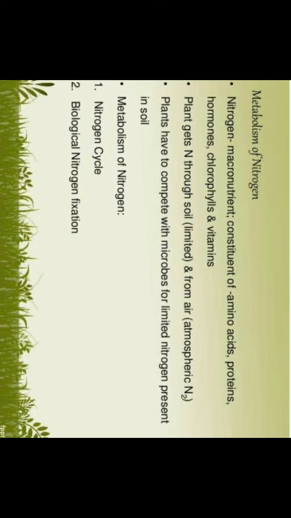Nitrogen is required by all plants, and particularly the meristematic tissue of the plant and metabolically active cells. Nitrogen is one of the major constituents of proteins, nucleic acids, vitamins and hormones.